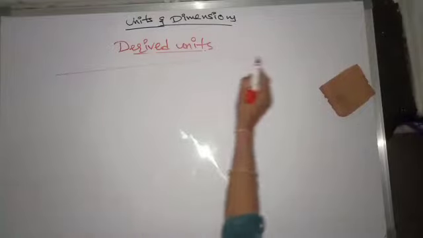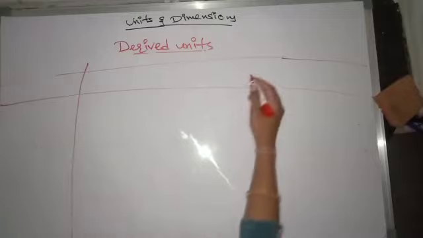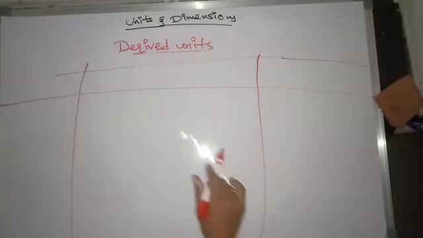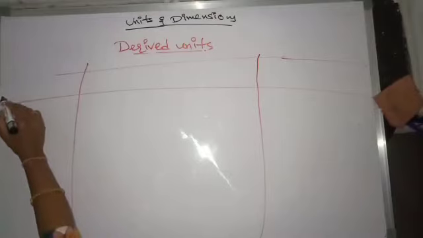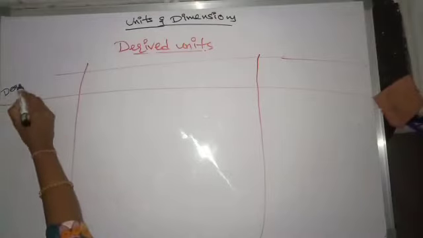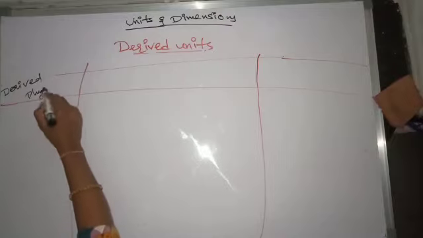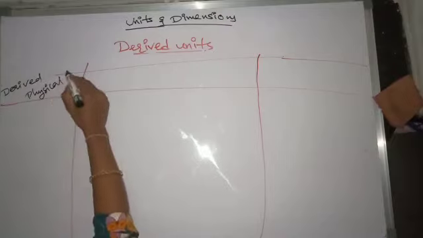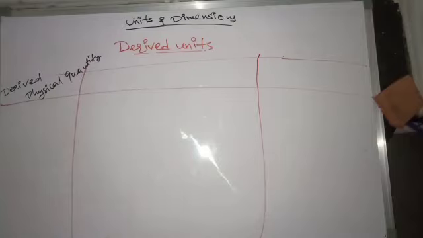I'm going to explain in a tabular form for easy understanding. I'm writing the physical quantity as usual, same as fundamental physical quantities. Here, derived physical quantity in this column.